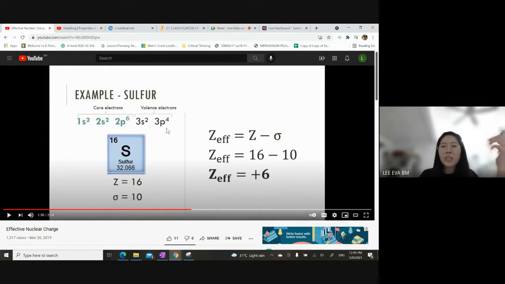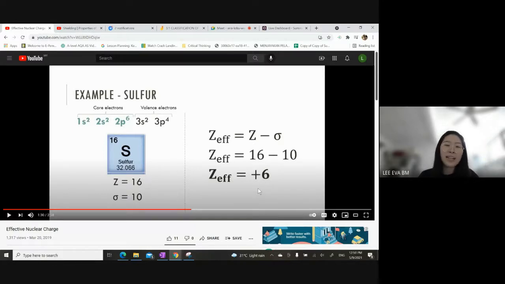Okay, so in order to know your ZEF, you need to use the nuclear charge minus the inner electrons. This sigma symbol represents your inner electrons or the core electrons. So 16 minus 10 inner electrons, and the effective nuclear charge over here gives you positive 6. That means the outer electrons, your valence electrons, will experience only the power of 6.